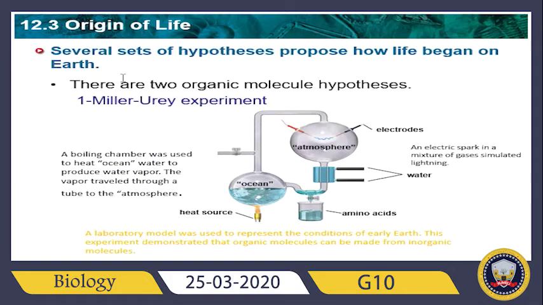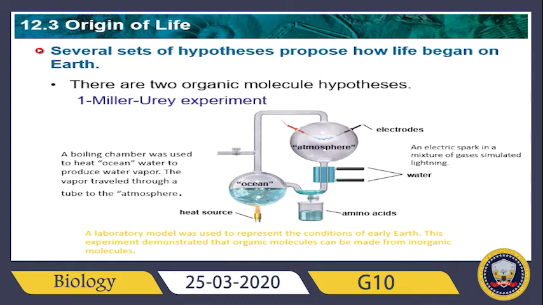So let us start with the Miller-Urey experiment. Earlier scientists had proposed that an input of energy from lightning led to the formation of organic molecules from inorganic molecules present in the atmosphere of early Earth.